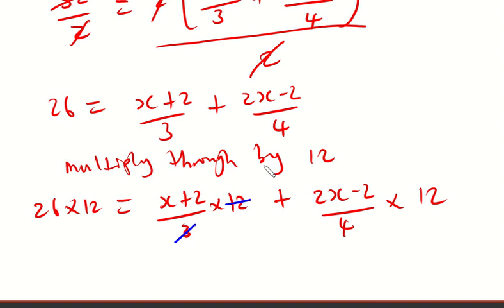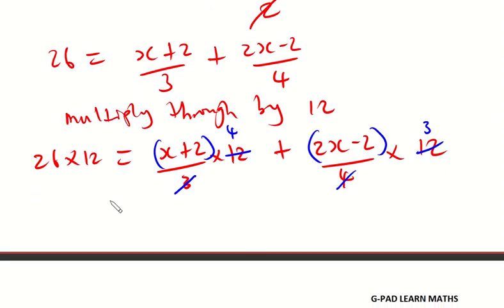Now, 3 into 12 is what? I don't want to be guilty of what I did before, so let's include this in a bracket, just to make it nice and neat. So 3 into 12, that's 4, right? And 4 into 12, that's 3. What's 26 times 12?